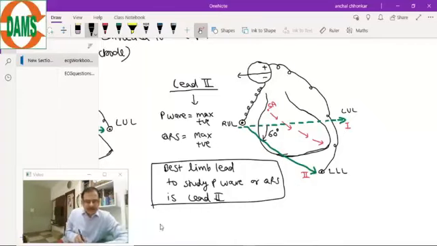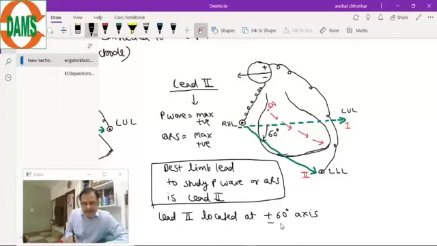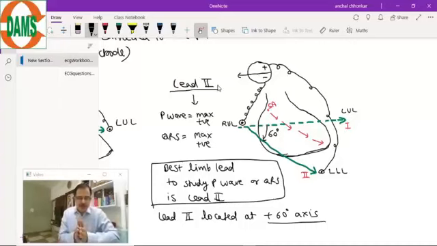That means lead 2 is located at the plus 60 degree axis. So lead 2 is located in relation to lead 1 at a 60 degree angle. And why have we taken it as plus?